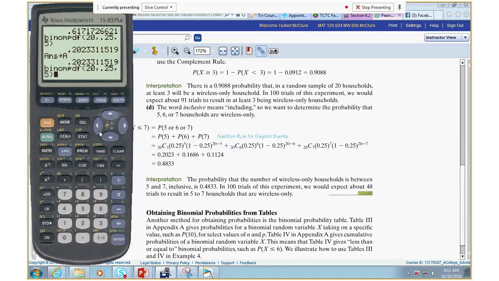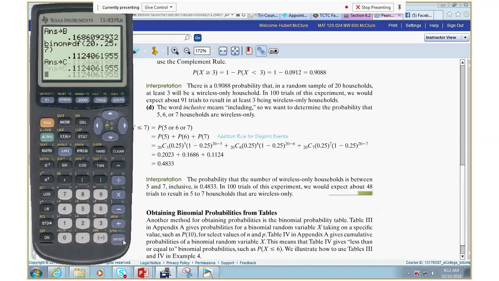Some of y'all just now learned how to use that second entry. Enter. Store, alpha B. Some of y'all ain't never used the store button. And then the last one, second entry, 7, store, alpha C.